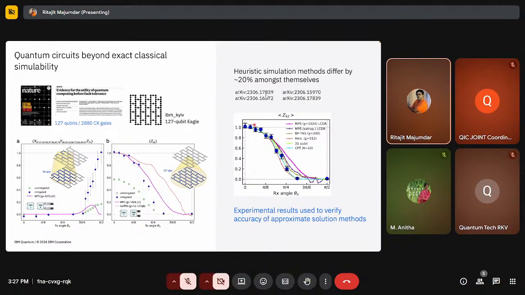Why? For two reasons. First, it validates the solution of the quantum computer, because here we don't have an exact solution. So it validates that the quantum computer is actually giving you correct results. Point two, I started by saying that quantum computers are noisy.